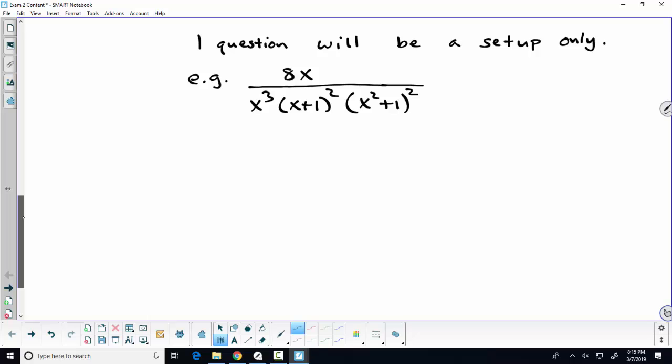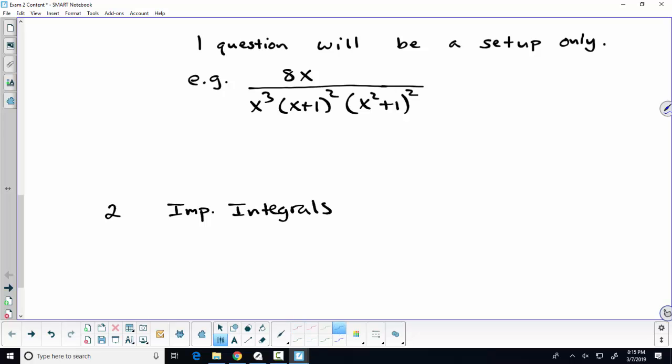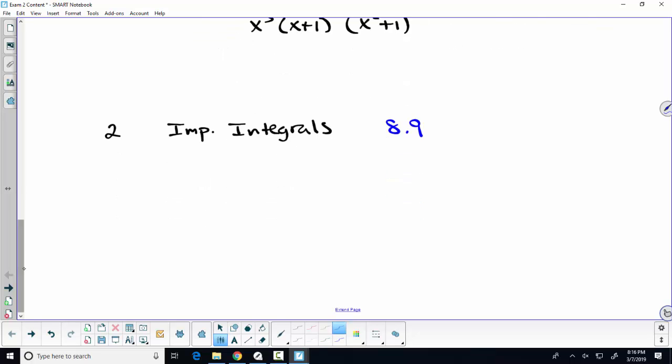Okay. And there will be 2 improper integrals from 8.9. And then also one question each from 9.1 and 9.3. In 9.1, I will have you solve initial value problems, those last few examples in 9.1.